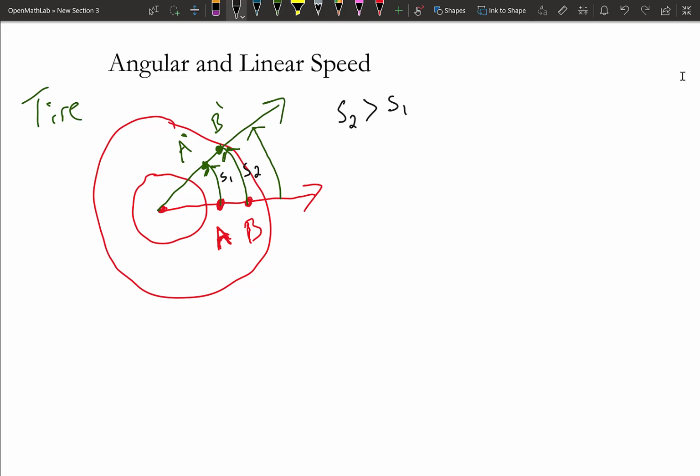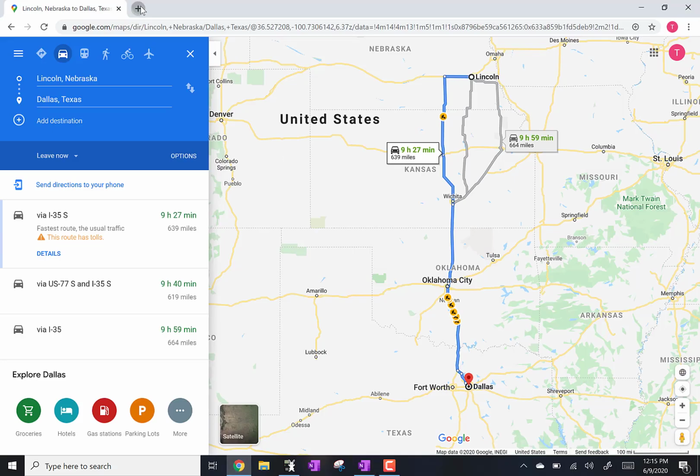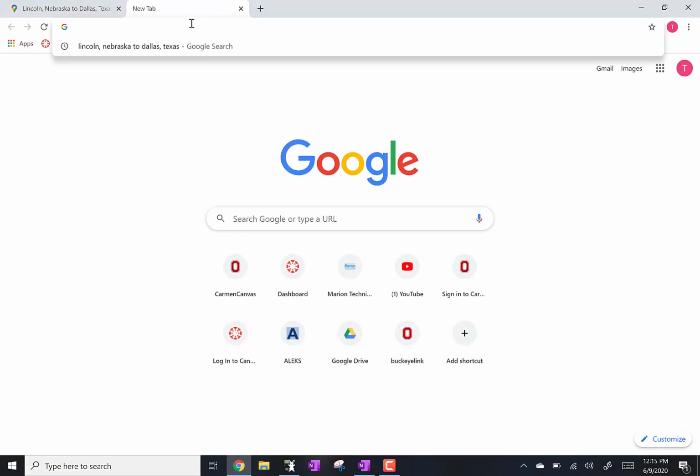So if you've ever ran track, for example, you would know that's true, right? So like, I don't know if I can pull up a high school picture of a high school track. Let me see if one will come up.